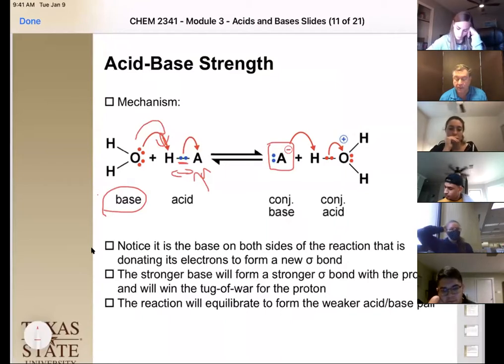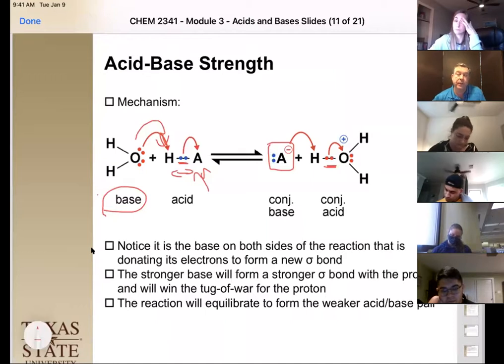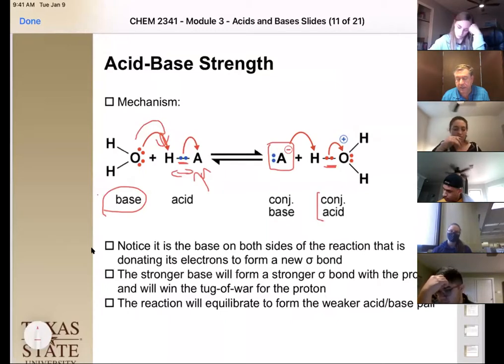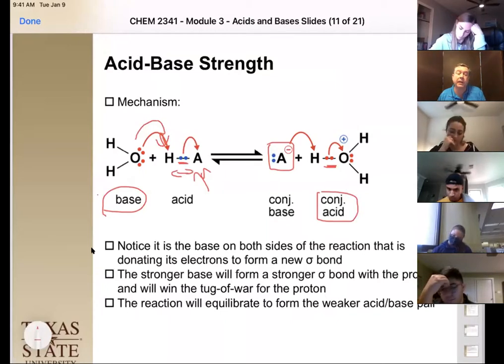Now we have our new sigma bond with the proton. We have a charged species because we've used one of those electrons to make that new sigma bond, and it's shared. It's not wholly on the oxygen. So now we have something that is positive and it has a proton to transfer, so it's its conjugate acid.